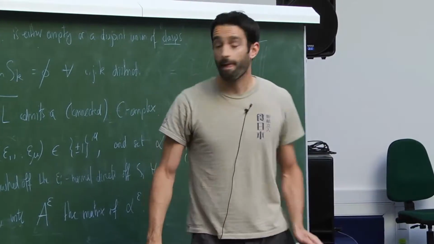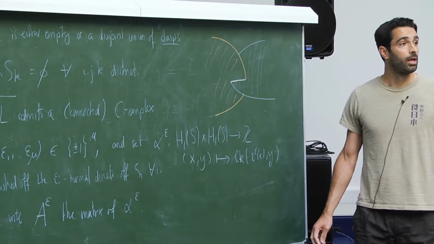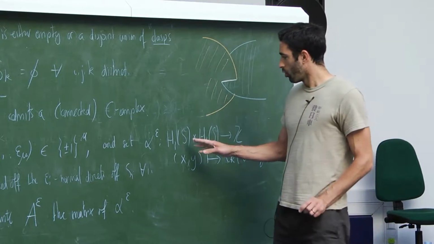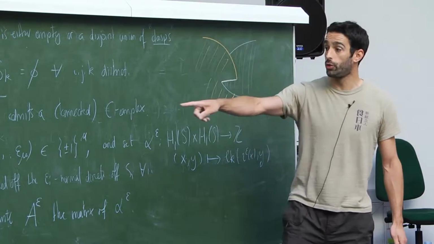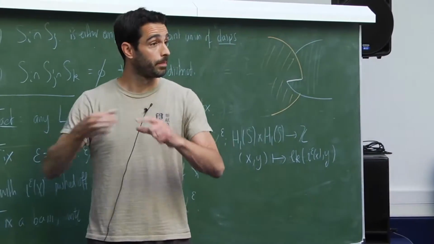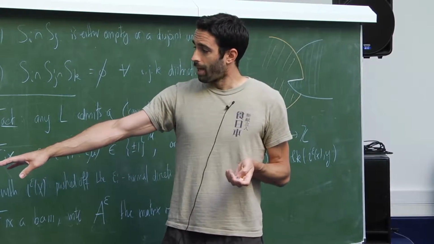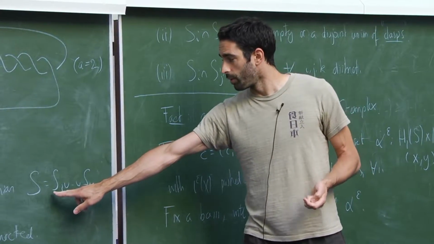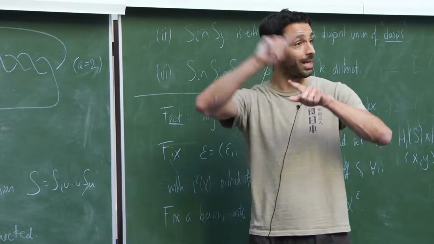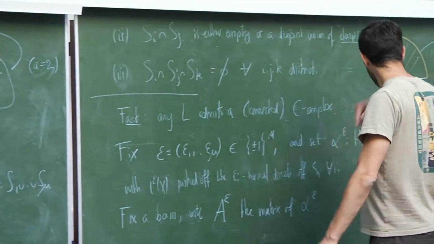When you write each S, do you mean S as a subset of the sphere or the abstract geometry? S as a topological space, and it's not a disjoint union. So you will have the homology of each of the components plus big cycles that go through the different components.